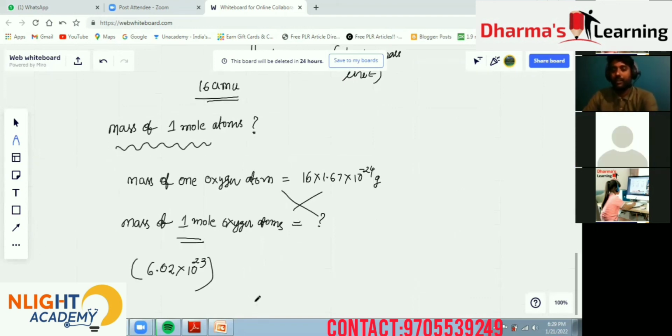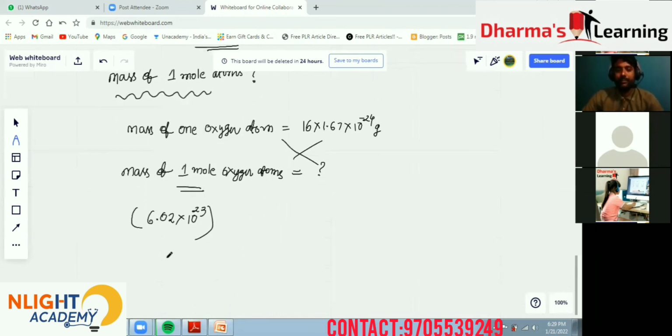So we'll get mass of 1 mole oxygen atoms as 16 into 1.67 into 10 power minus 24 grams, into 6.02 into 10 to the power of 23.